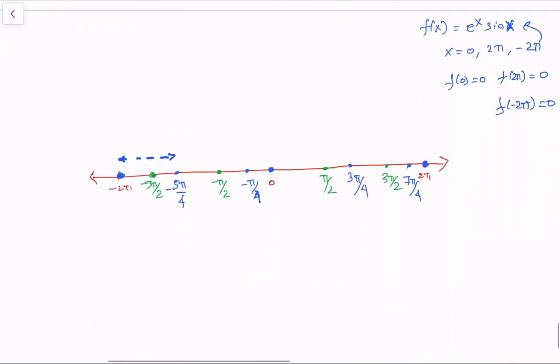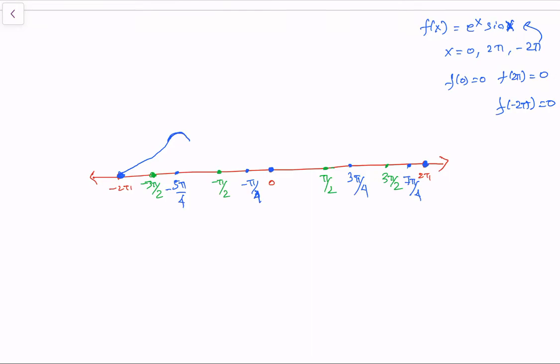So clearly the function is increasing. And then after increasing up to negative 5 pi by 4, we will have a maxima there. So we have a maxima here, and the function is increasing like this.